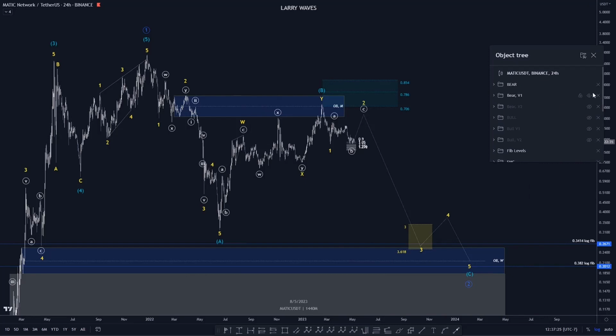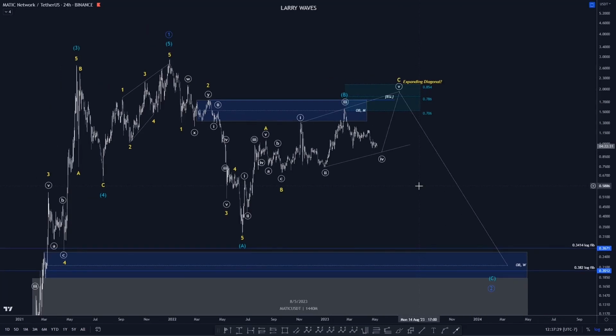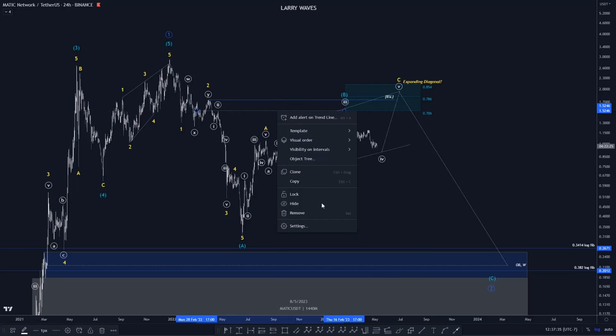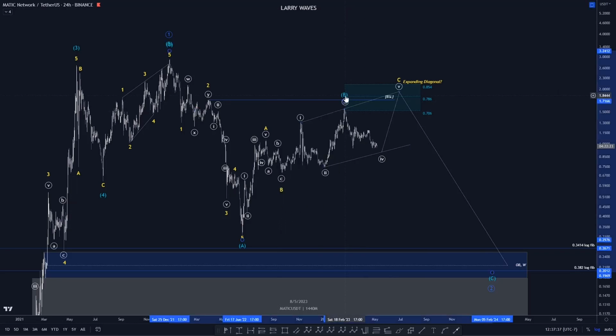But there's another structure I'm viewing where we still take the highs, and I think this is a very forced way to look at this. The only thing that would really push this back up here is if Bitcoin hasn't completed its B wave yet. And I don't like this because of how extended in time the C wave would be in comparison to the A wave.